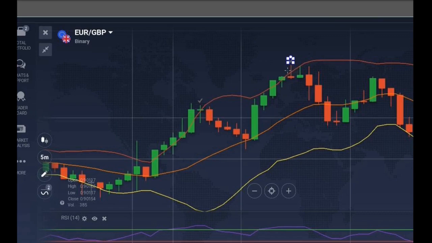So as soon as price retraces back to this point, to the middle of this shooting star, and as soon as it touches the middle of this shooting star, you place a 5 minutes trade, a put option, meaning that you trade a sell option down. The call option is up, the put option is down.